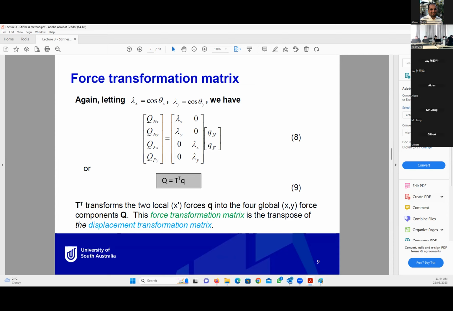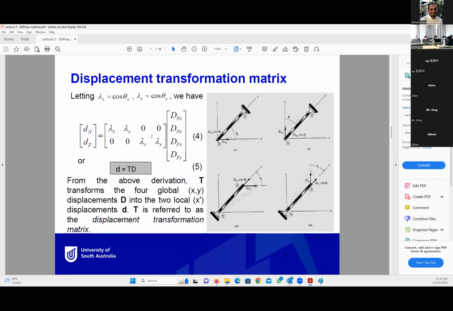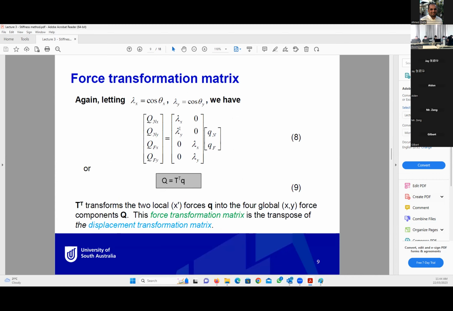What is the difference between this equation and this equation? What is the difference between the transformation matrix for displacement and the transformation for forces? Can you tell me?